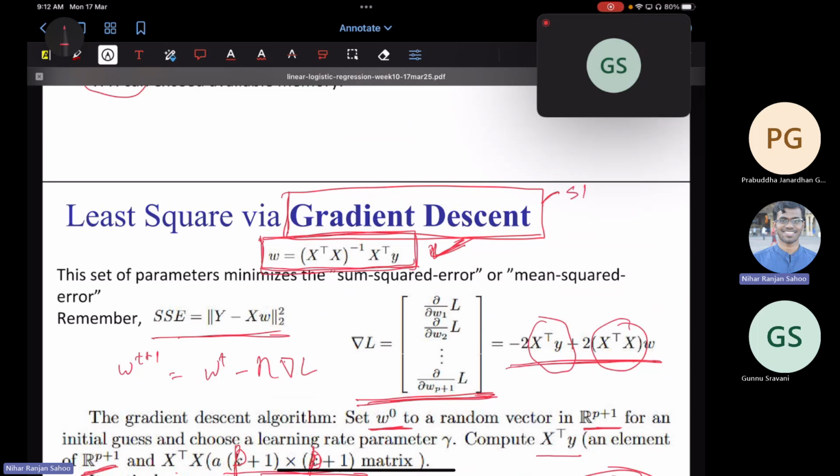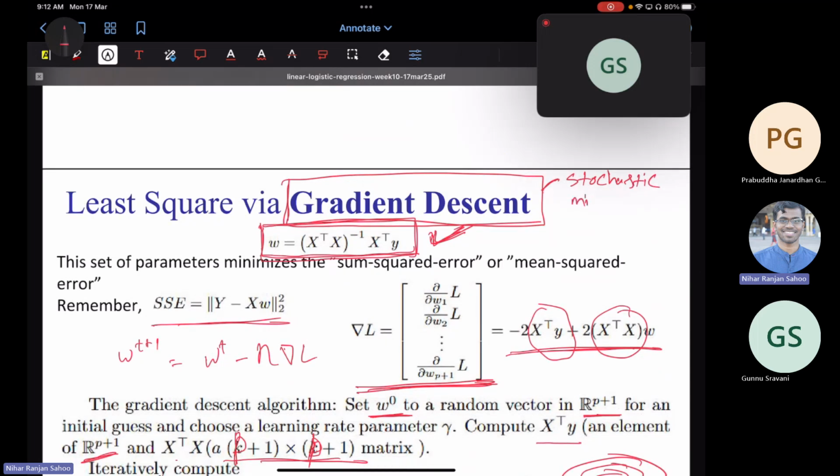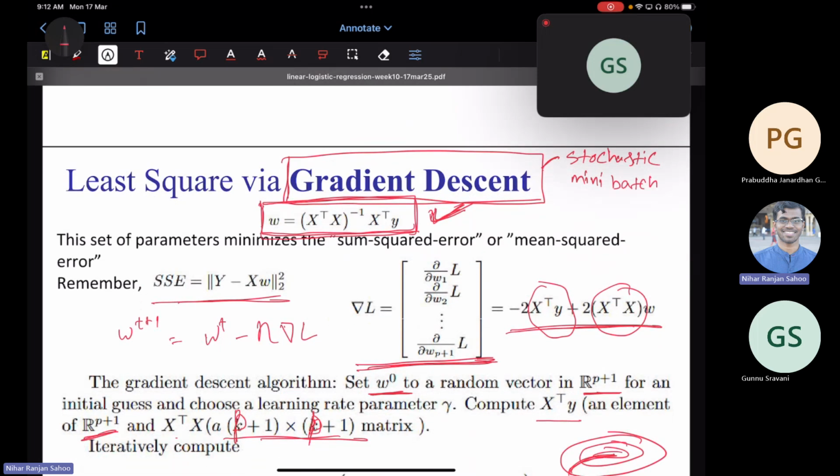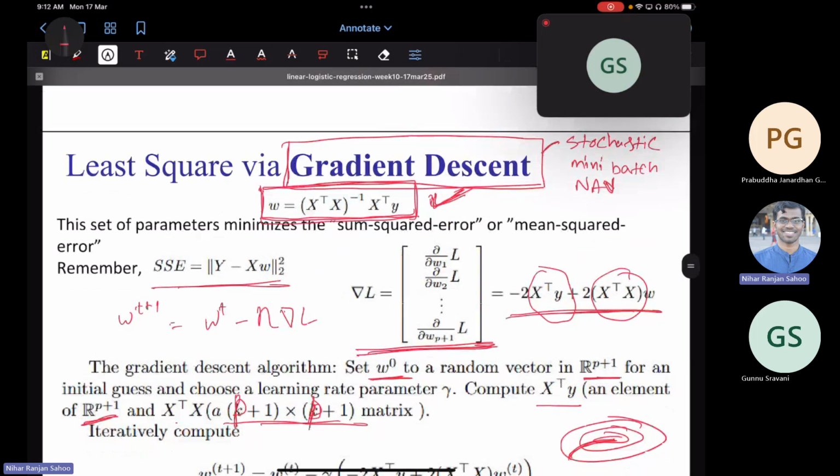One is stochastic gradient descent, then mini-batch gradient descent. There are also advanced variations like Nesterov accelerated gradient, then Adam. Sorry, in between there are two things: Adagrad and RMSProp.